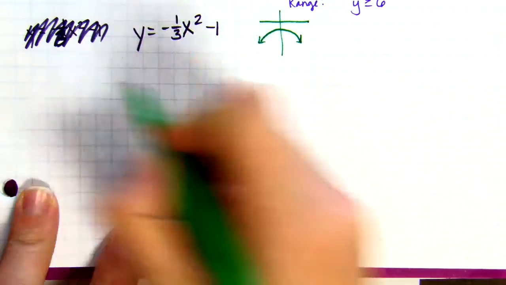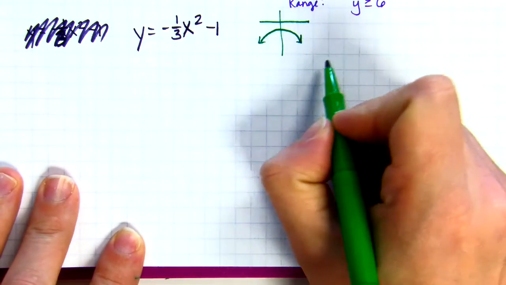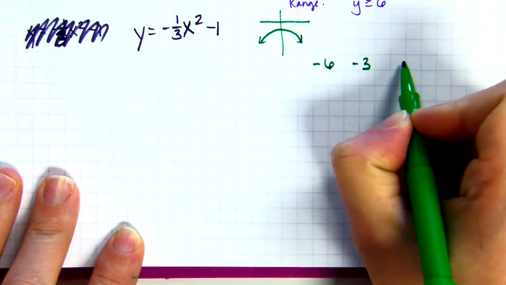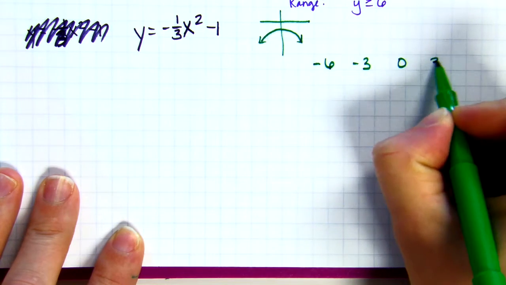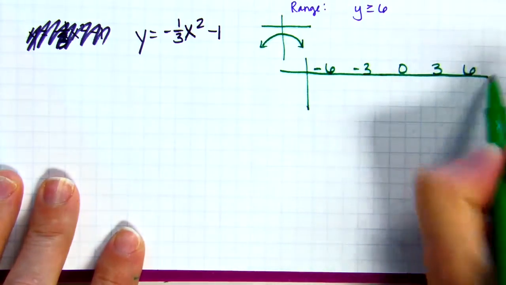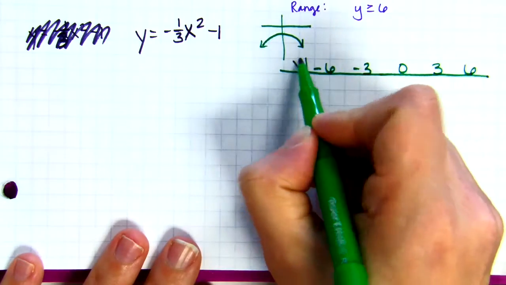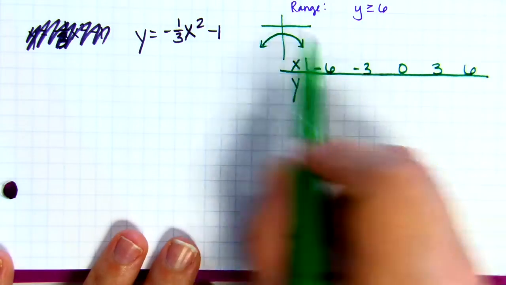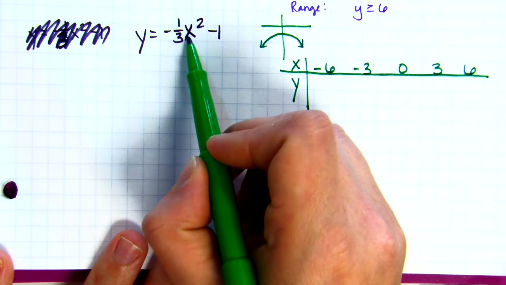So let's pick our values. Let's do something different. How about negative 6, negative 3, 0, 3, and 6, and just see if that helps our numbers a little bit. So those are our x values. Negative 6 squared is 36.